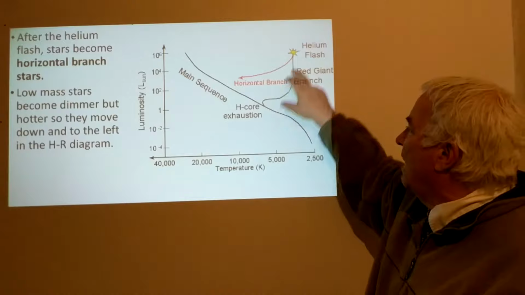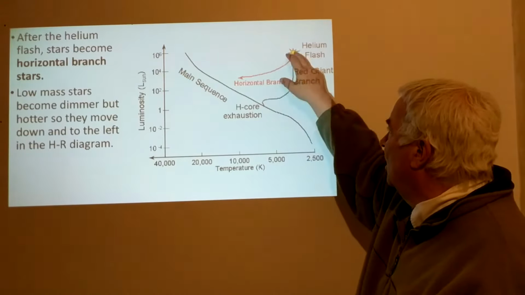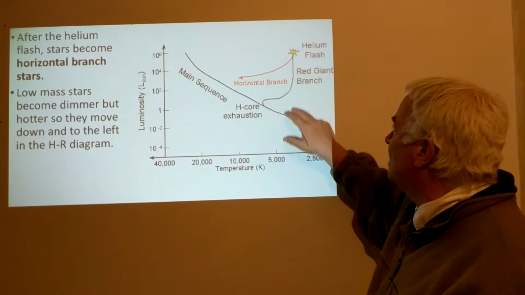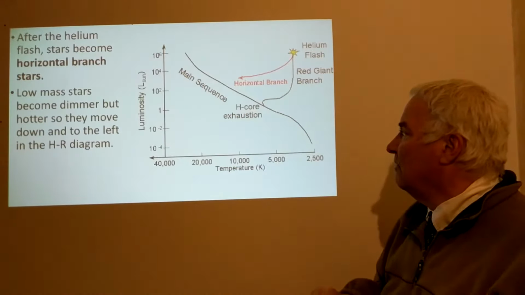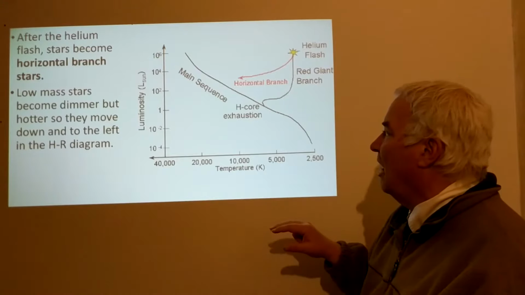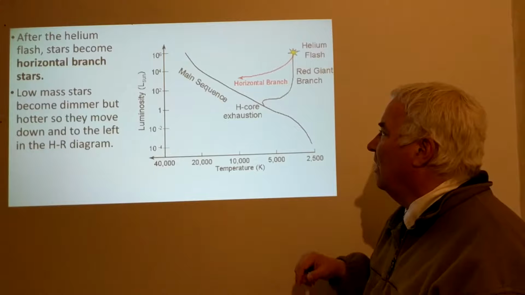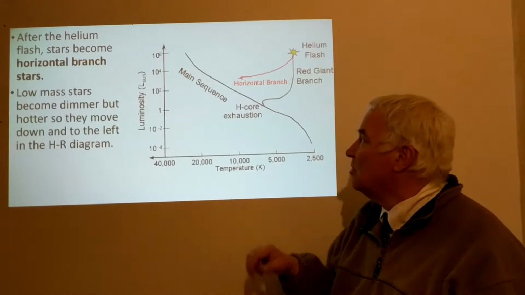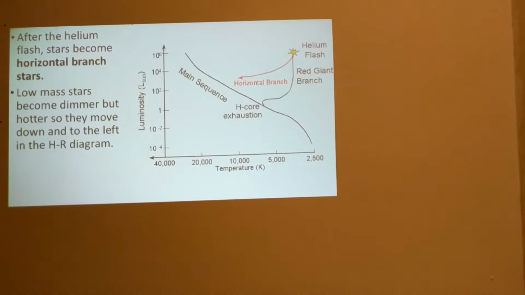And different mass stars will do different things, but they will all do more or less the same thing, except the highest mass stars, the shortest lives, have a different end to their lives than the lower mass stars. So we're going to concentrate mainly on the lower mass stars, and especially on the one solar mass or solar-like stars.